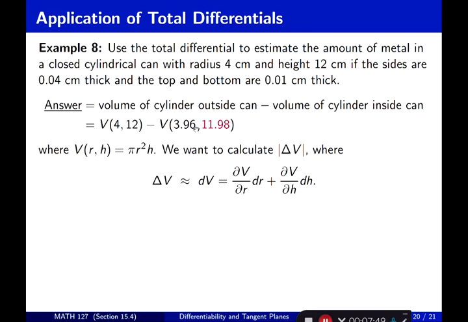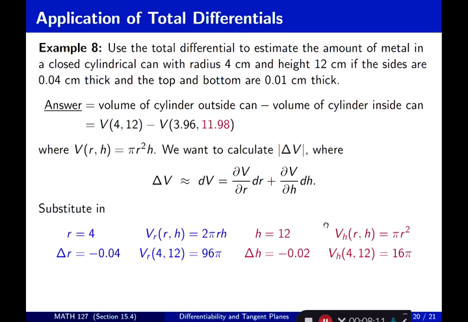Delta R is going to be negative 0.04. Delta H is going to be negative 0.02, twice of that. But because of the absolute value, I'm going to put positive values for both and make the entire thing an absolute value.